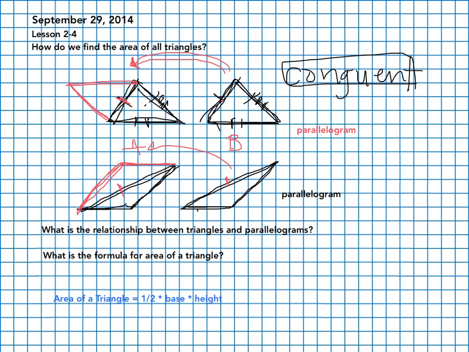Or if I want to shorten it, 1/2 base times height. And that is the formula for area of a triangle.